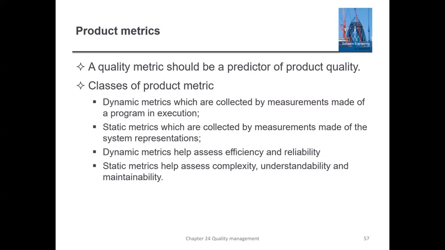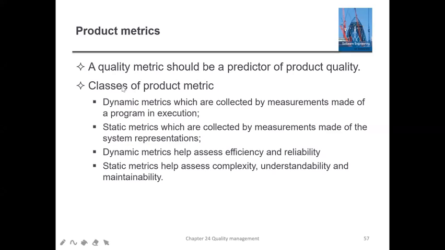Now the next topic is product metrics. We already know the metrics and the terms, so this is one more topic on product metrics, where we have some functions or types based on the characteristics of any of the products. Here you can have product metrics based on product quality, which will again be a predictor.